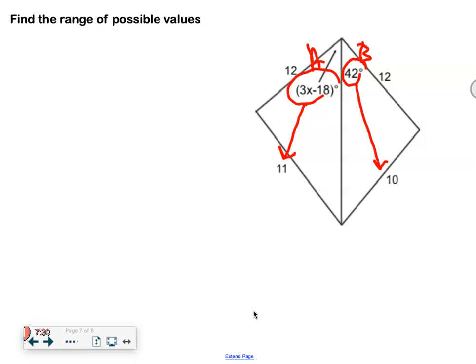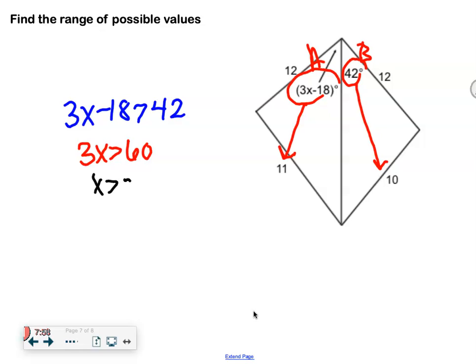A. So then what must be true of these two things? 3x minus 18 is greater than 42. So we'll add 18 over. So x is greater than 20.